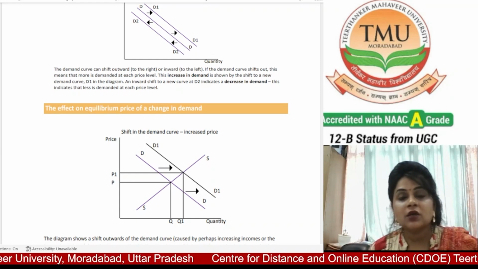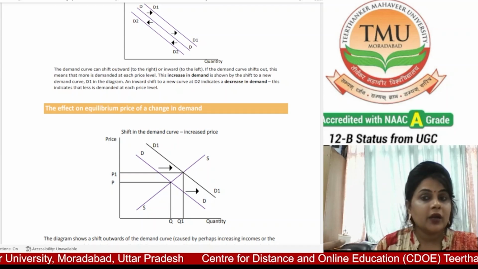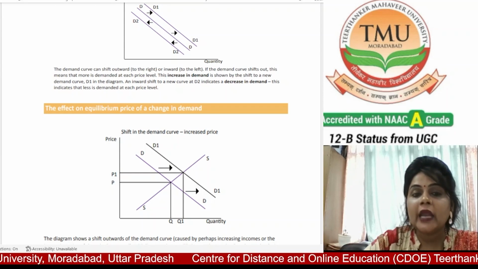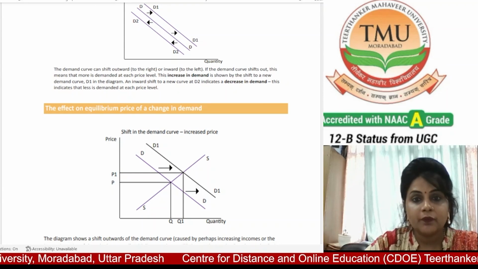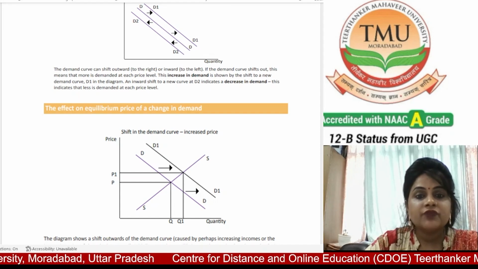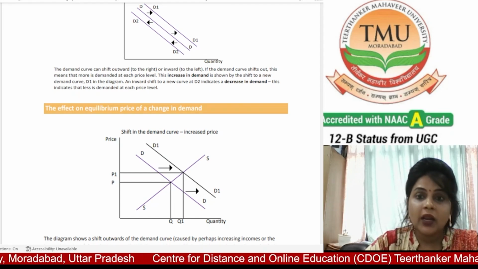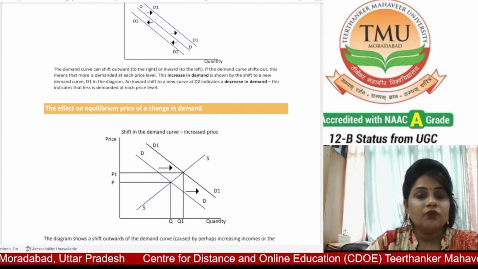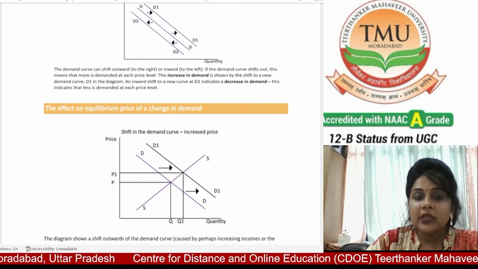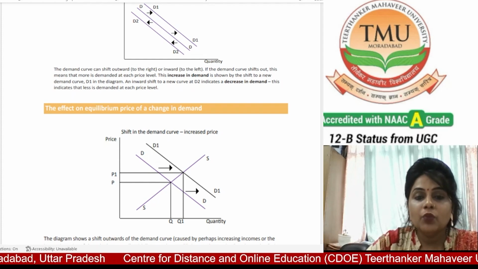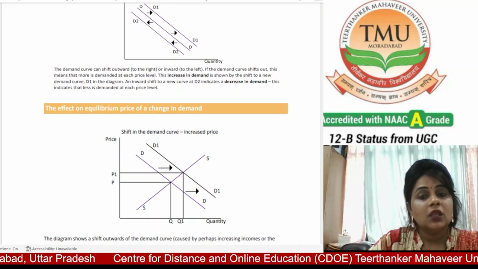Why does the demand curve shift rightward, and why does it shift inward? Firstly, an increase in consumers' income is likely to shift the demand curve to the right for most normal and luxury goods. With more disposable income, people buy more of the things they want.